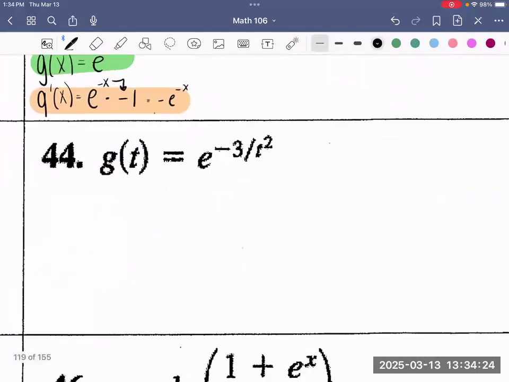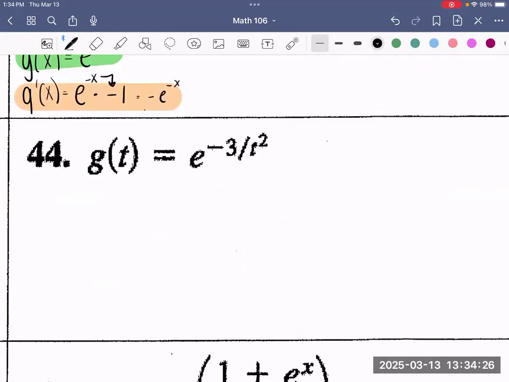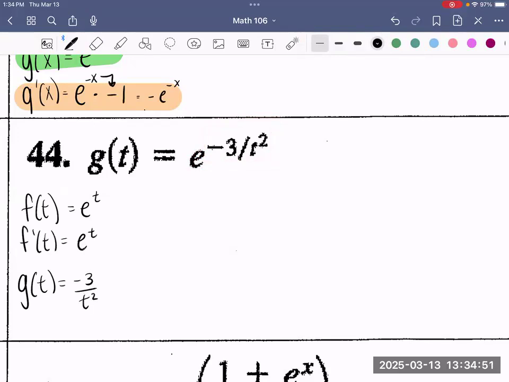Let's do it once more here. Then this one you might consider breaking up. You can say your f of x is your x value, or in our case, it's a t. So I actually should write f of t here. So if you take away this e, what's left over is your g of t, -3 over t squared. So let's go ahead and derive for a moment.